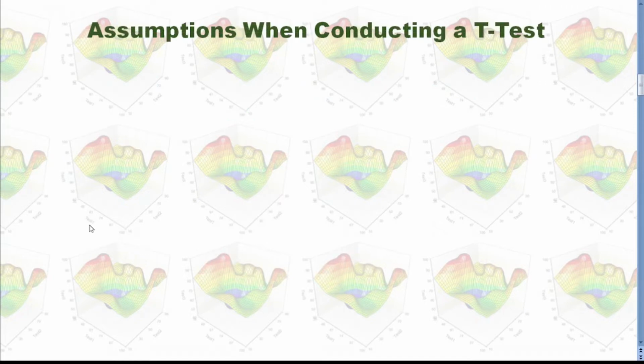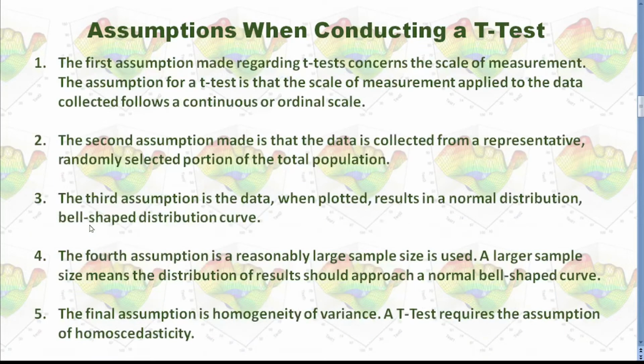What are assumptions when conducting a t-test? The first assumption for a t-test is that scale or measurement applied to the data collected follow a continuous or ordinal scale. The second assumption is the data is collected from representative randomly selected portion of the total population.